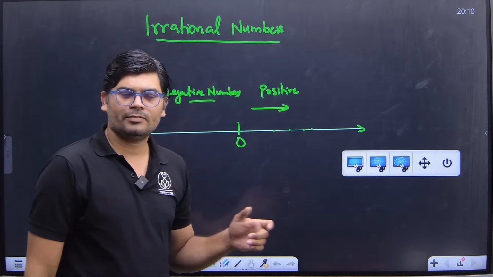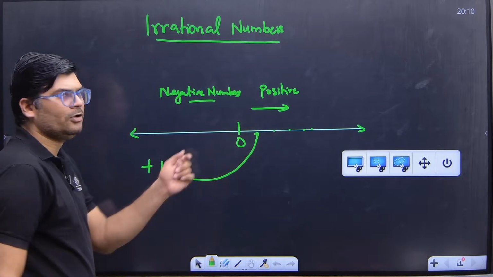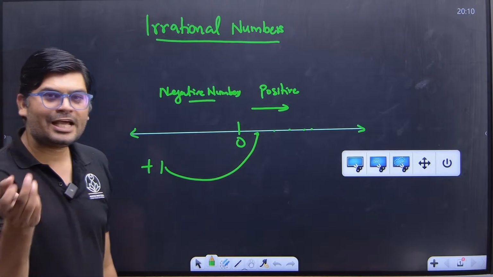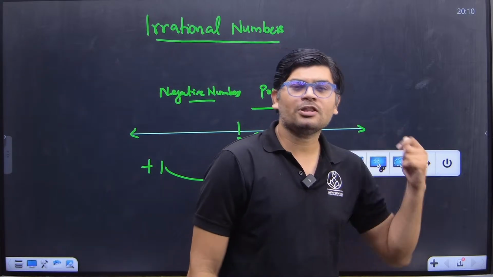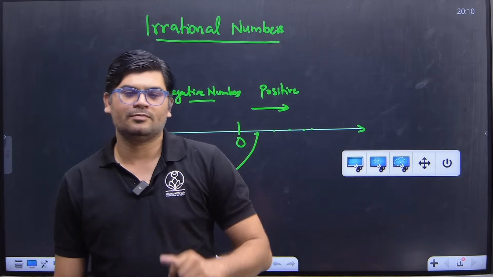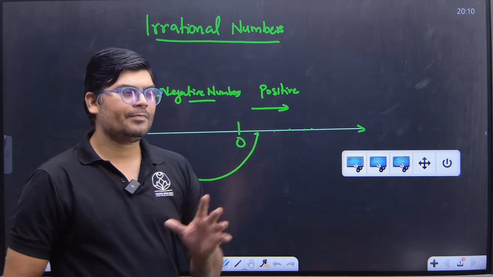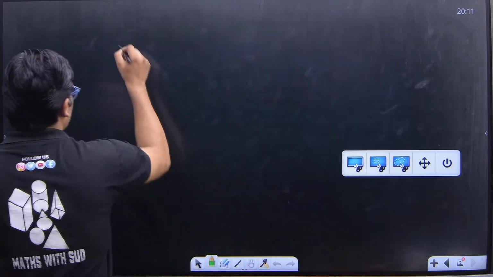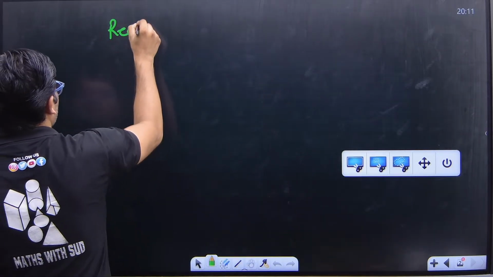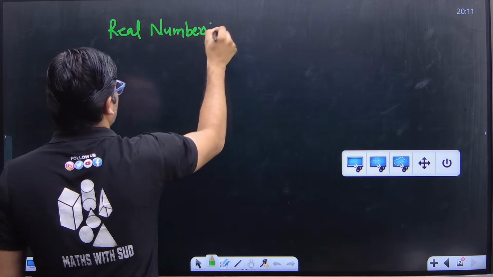You tell me a number, I will show it on the number line. You tell me the point, I will tell you its value. So numbers which can be represented on the number line are known as real numbers. That is the definition.